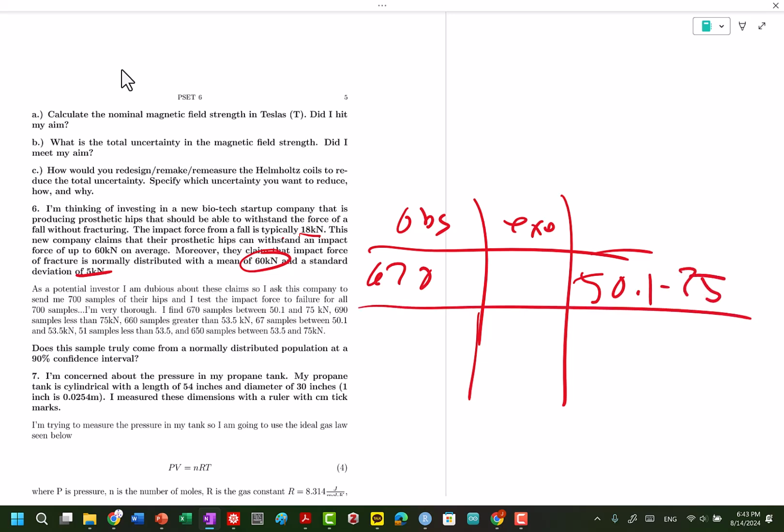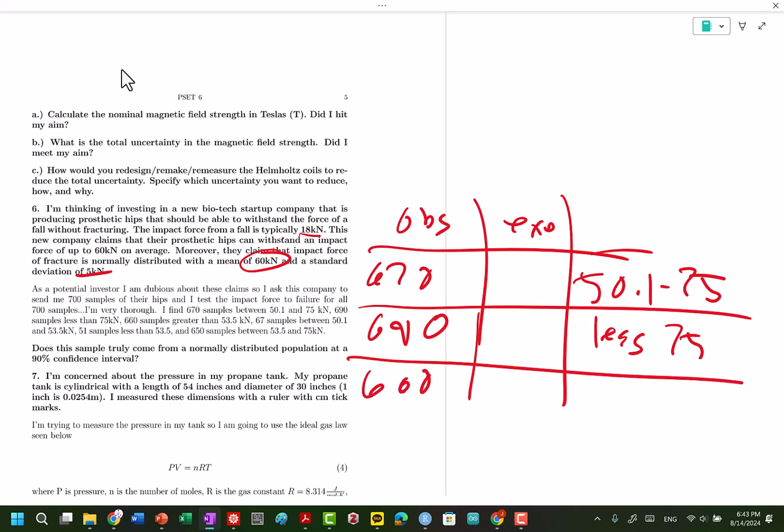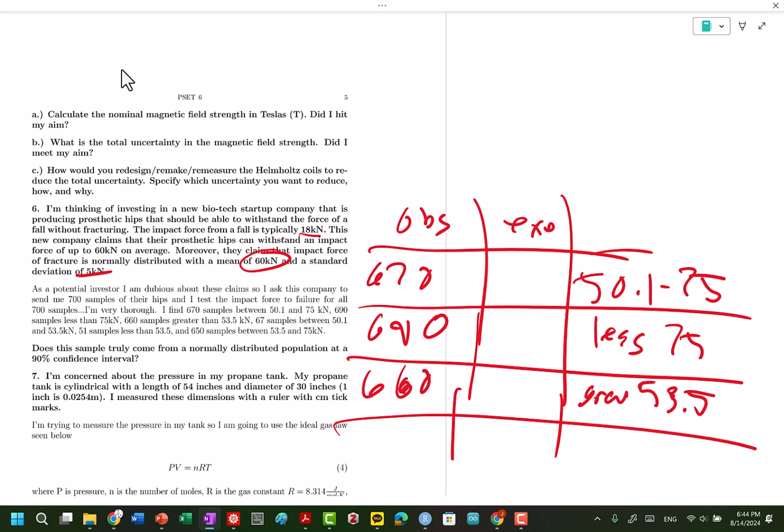I see 690 that should be less than 75 kilonewtons. I see 660 greater than 53.5. 660? Yeah, 660. And then I have 67 between 50.1 to 53.5.